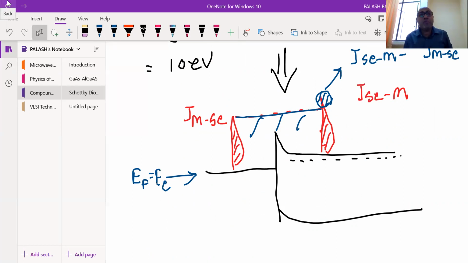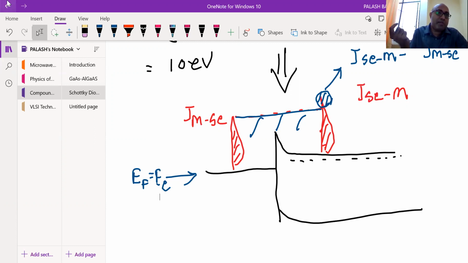Why are we not changing the metal? Look, the metal has plenty of carriers, plenty of electrons. If you apply a little bit of voltage, definitely you are not going to apply 10 volt. For a Schottky junction diode, what is your threshold voltage? 0.7, 0.8, hardly 1. So you'll get a nice current up to 2, 3, 4, 5 volt.